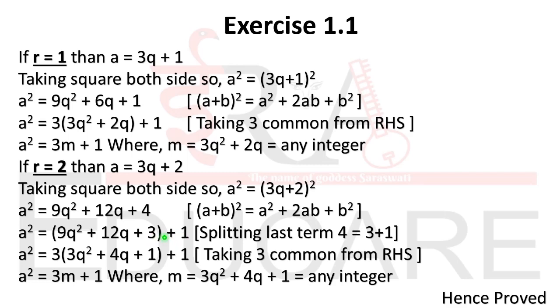So 3 is taken here and plus 1 is outside the bracket. Now taking 3 common, so 3 times 3q square plus 4q plus 1, right? So it is again in the form of 3m plus 1, where m is equal to 3q square plus 4q plus 1, which is any integer. So hence proved that it is in the form of 3m or 3m plus 1.